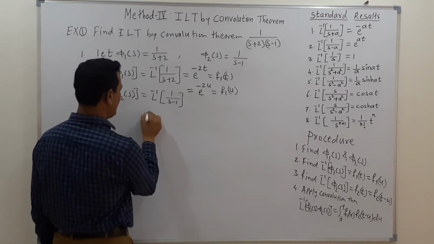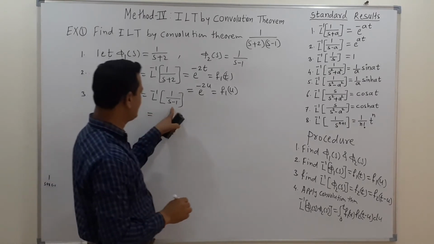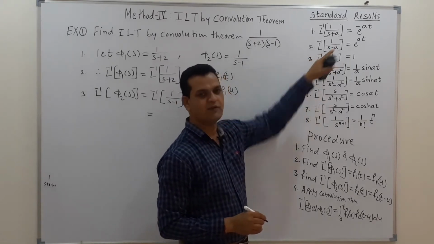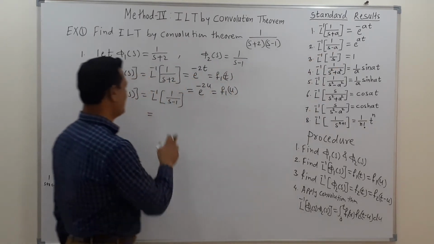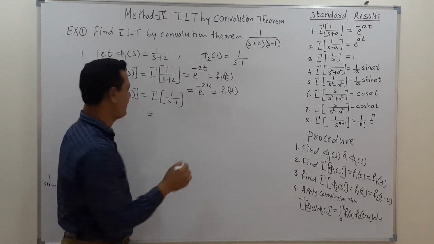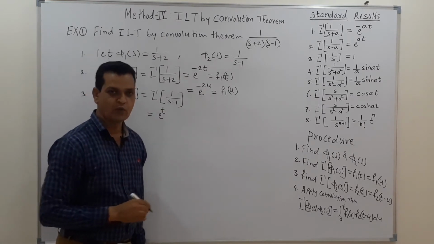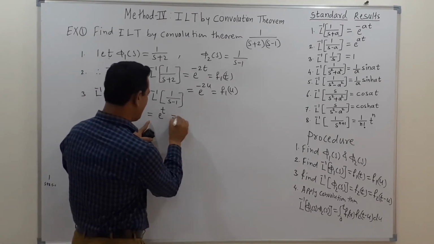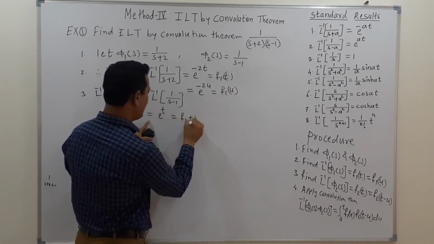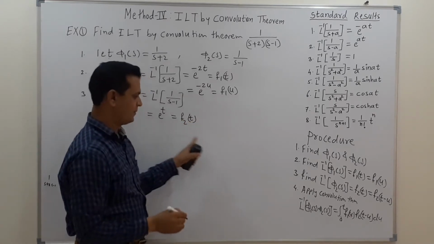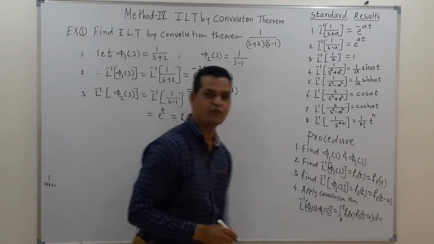If we calculate this value, again this equation is in our standard form number 2, 1 upon s minus a is equal to e raised to at, where the value of a is 1. So we can write this as e raised to t only. So whatever equation we are getting, this is the value of our f2 of t.